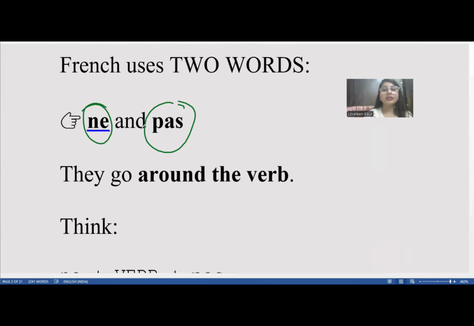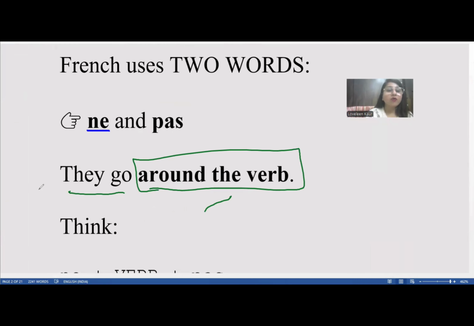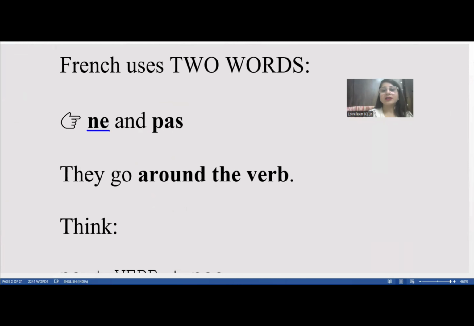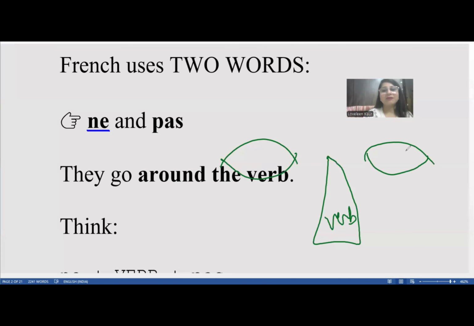So we have two words, right? And how to use these two words, where to use actually these two words. So these two words, they go around the verb, right? For example, it's just like this is nose, right? This is the verb. And here your eyes. This is ne and this is pas.